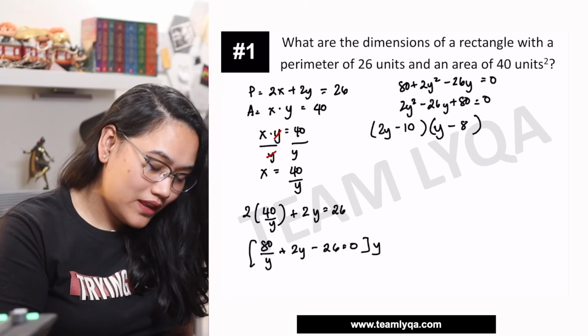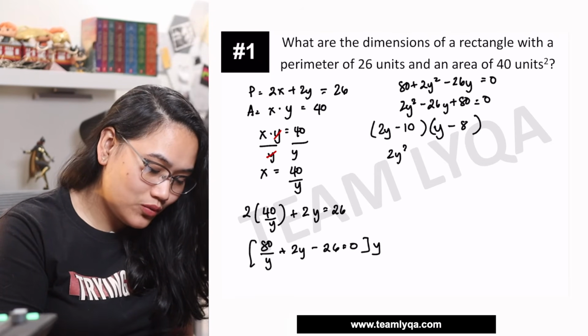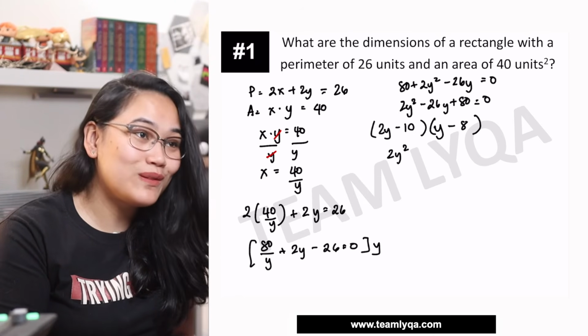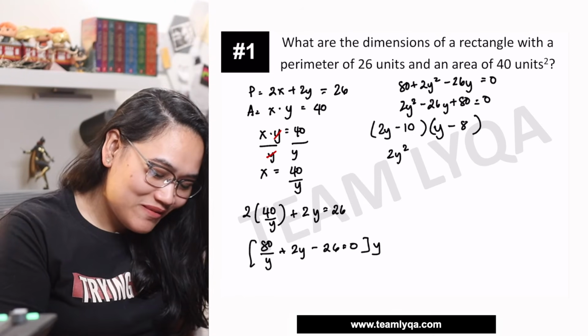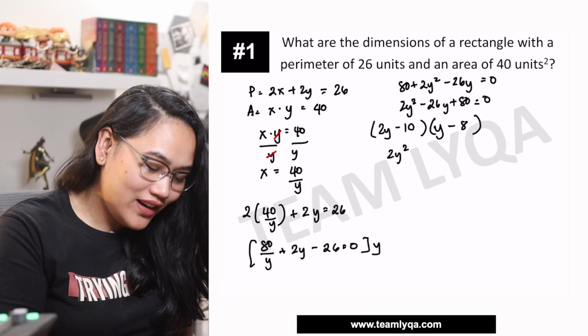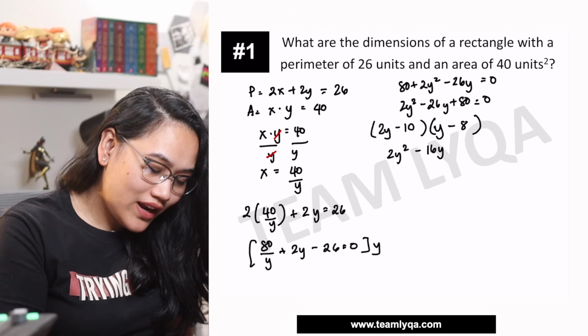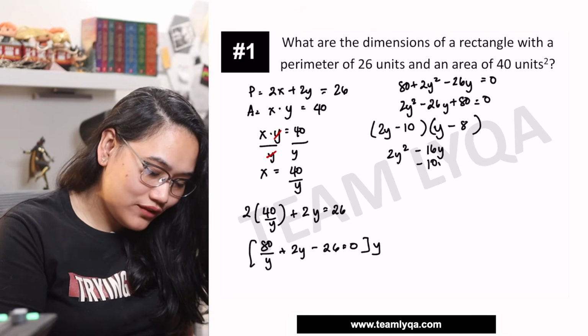You have 2y times y is 2y squared. You have outside, para sa mga nabag kanina na inuna ko yung last, pero you have 2y times negative 8, so that is negative 16y. And then yung inside, which is negative 10y.